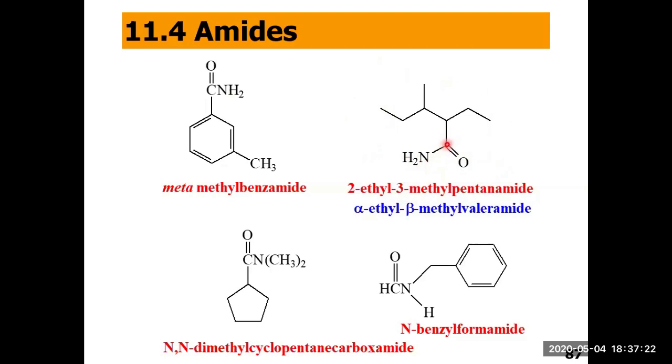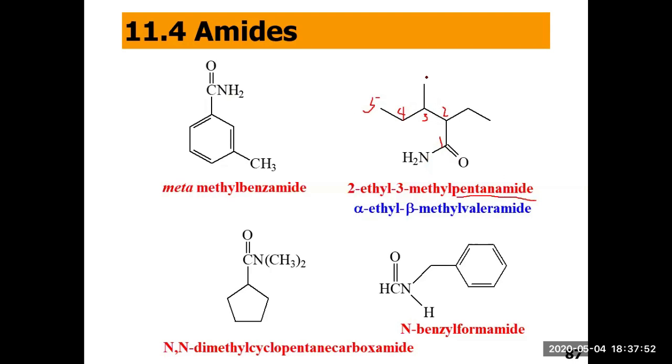So numbering starts at the carbonyl carbon, so I will start numbering from this part of the molecule, and I just have to find out where the longest continuous carbon chain is, and this is actually it. So we have here carbon number 2, this is carbon number 3, we have carbon number 4, and carbon number 5. Now the parent is actually pentanamide.